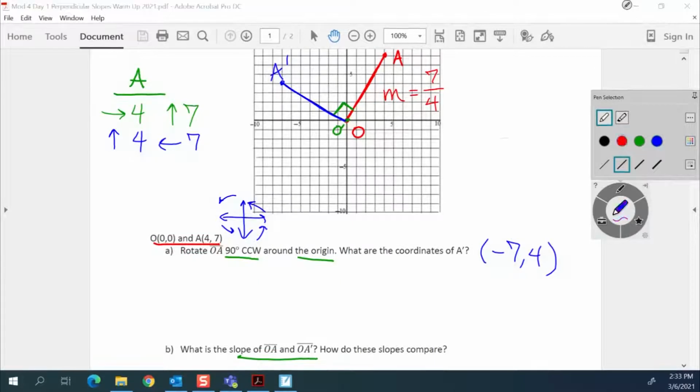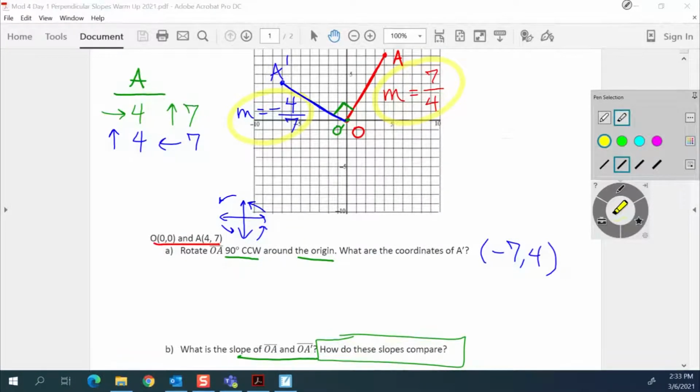And the slope of OA prime is a drop of 4, so going down 4 and then running a positive 7. So the question is, how do these slopes compare, right? How does 7/4 and negative 4/7 compare?